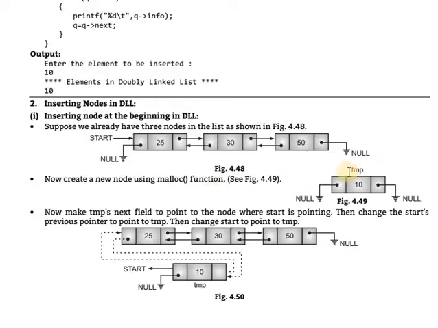This is temp, and in the temp variable the value 10 will be stored. Now make temp's next field point to the node where start is pointing. Then change start's previous pointer to point to temp, and then change start to point to temp.